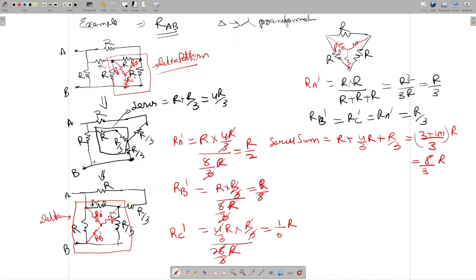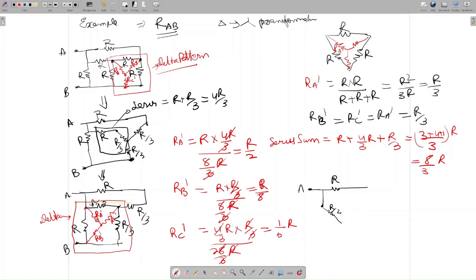So again we can redraw this. If we redraw the circuit, it will look like this. This is A. We start from A. This is R. So this comes to here. Now this is RA dash, RA dash equal to R by 2.